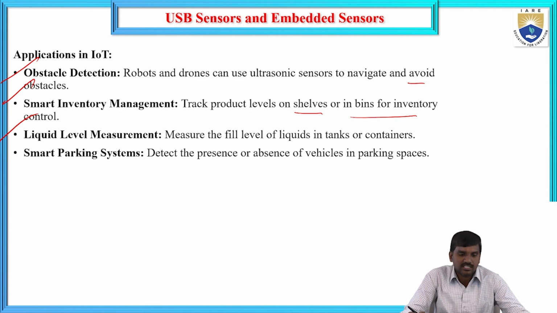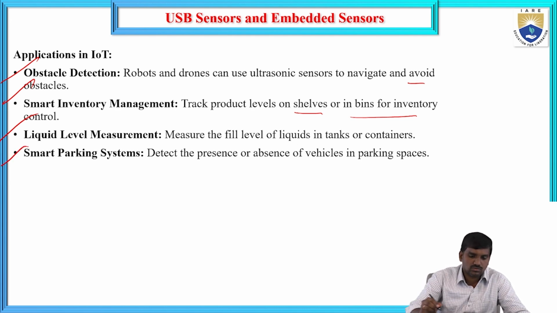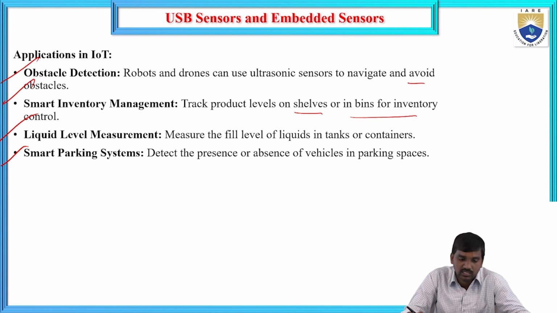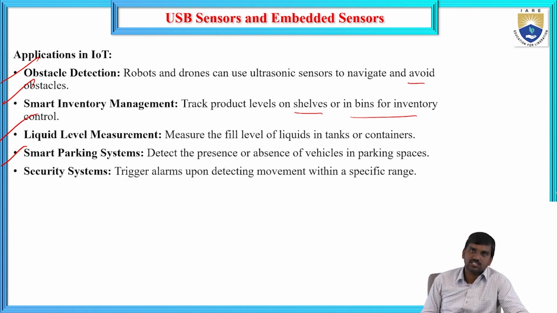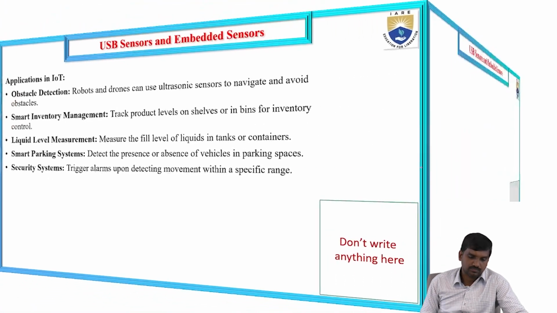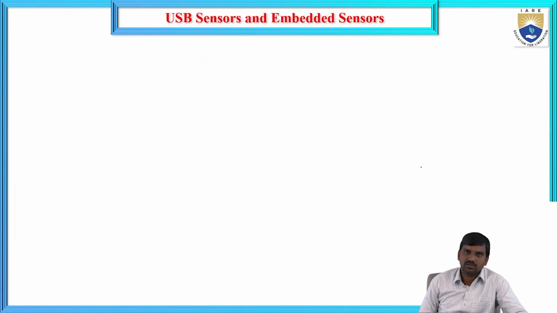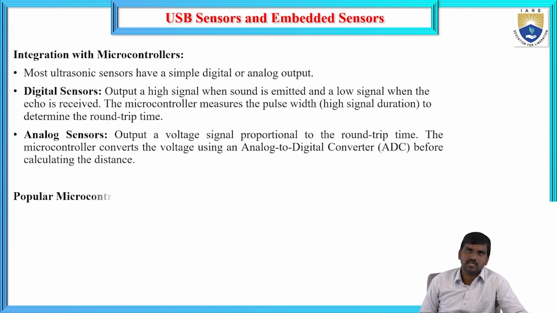That is an essential thing. Smart parking systems also come under applications of IoT, where the sensor detects the presence or absence of vehicles in the parking spaces. Next, security systems also trigger alarms upon detecting movement within a specific range. These are the applications of IoT here.